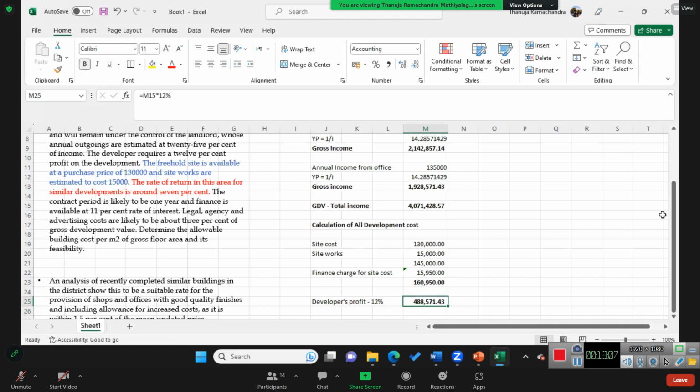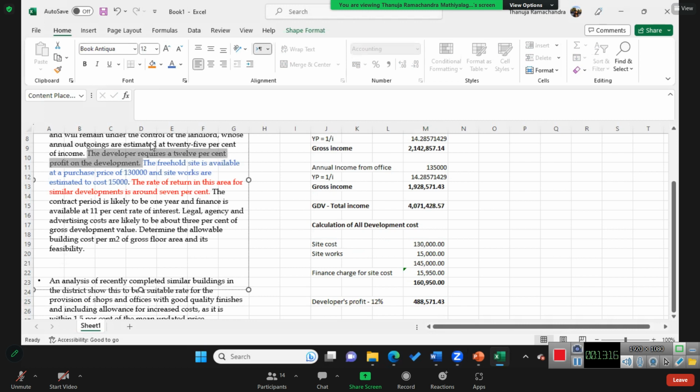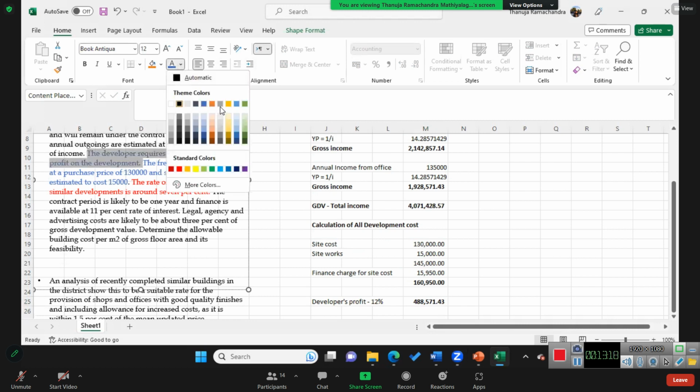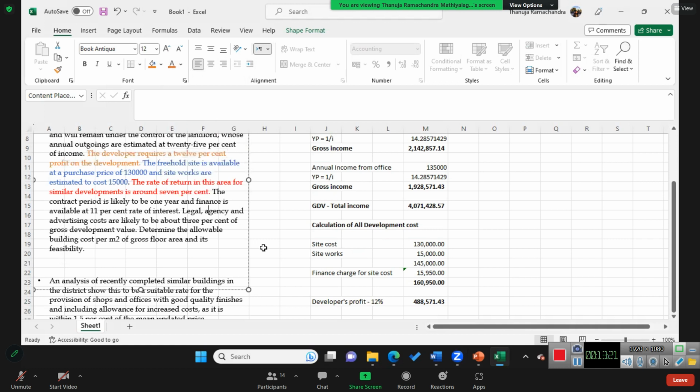Okay, so that is also calculated. And there is another one, you see, developer requires 12%. That is done. And then this is done, this is done. The contract period, that also we have taken.